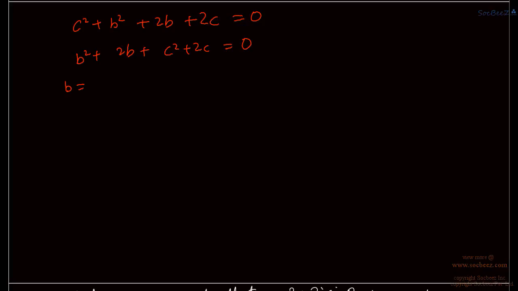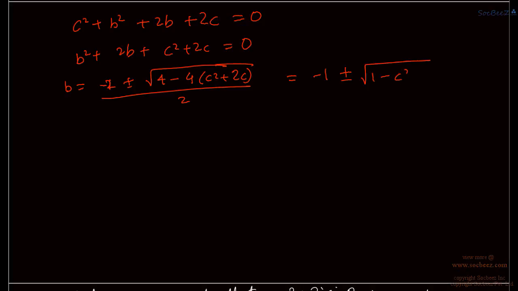So b is actually minus 1 plus or minus root of 1 minus c squared plus 2c. Taking 2 common, we get minus 1 plus or minus root of 1 minus c squared minus 2c. Right?